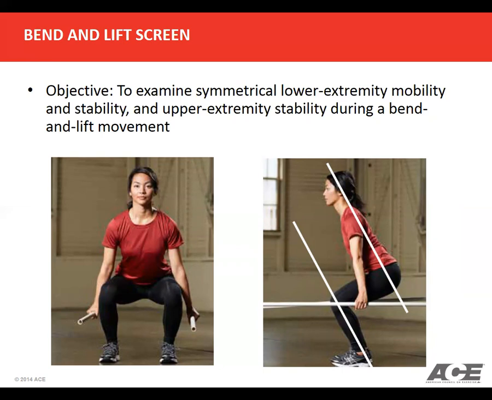If they're going to do any of that, it's going to be important. So again, doing this screen, you can do it like they're doing with the PVC pipe. The other thing you can do is ask them to do a squat. So just do like, show me an air squat, right?